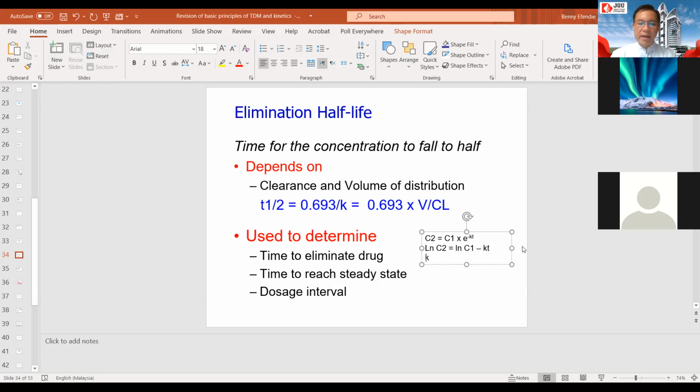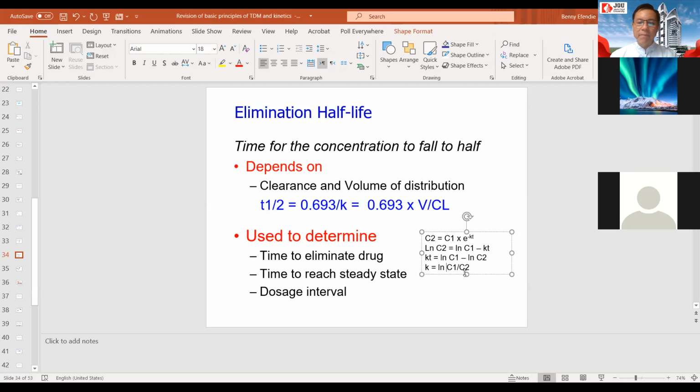If you put KT on that side, KT equals ln C1 minus ln C2. You know that in logarithms, minus is divide, so ln of C1 divided by C2.